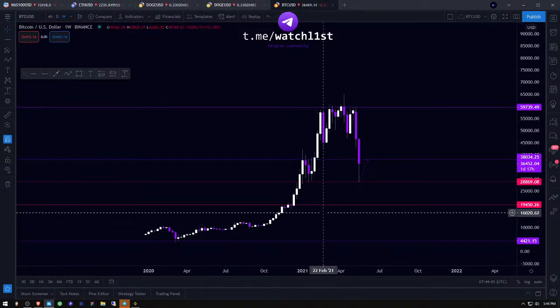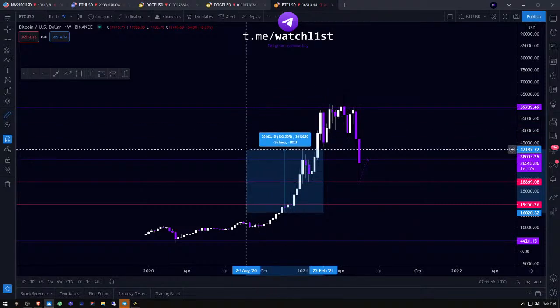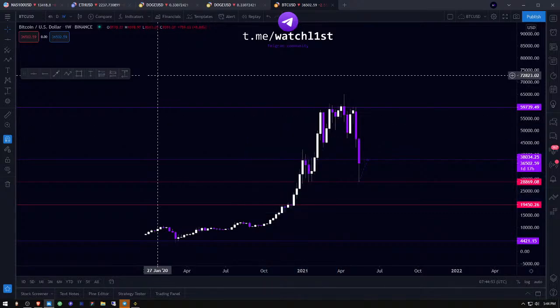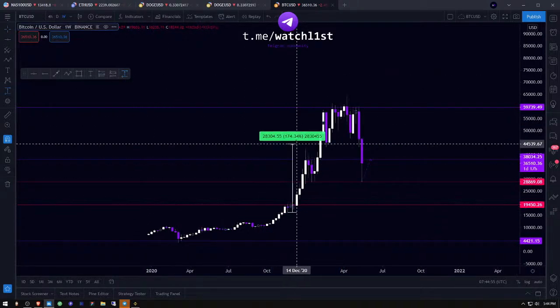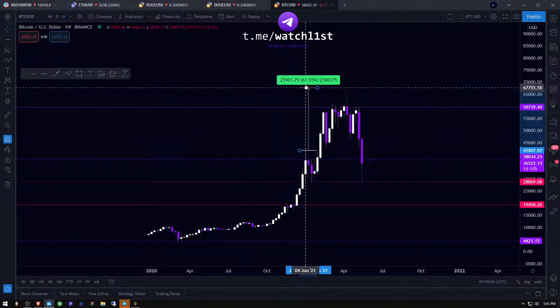So if I just hold shift and I move up, we see here that's 163%. So if I actually use this here, we see 159%. That looks about right.